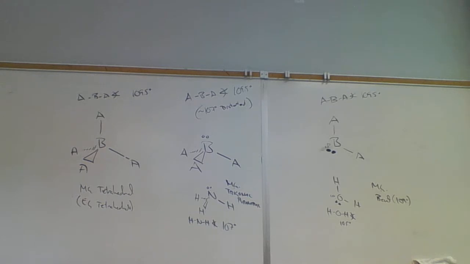The footnotes: a region of electron density is a single bond, double bond, triple bond, lone pair, or single electron. Those are radicals. All bond angles are ideal. There could be distortions to the bond angles.